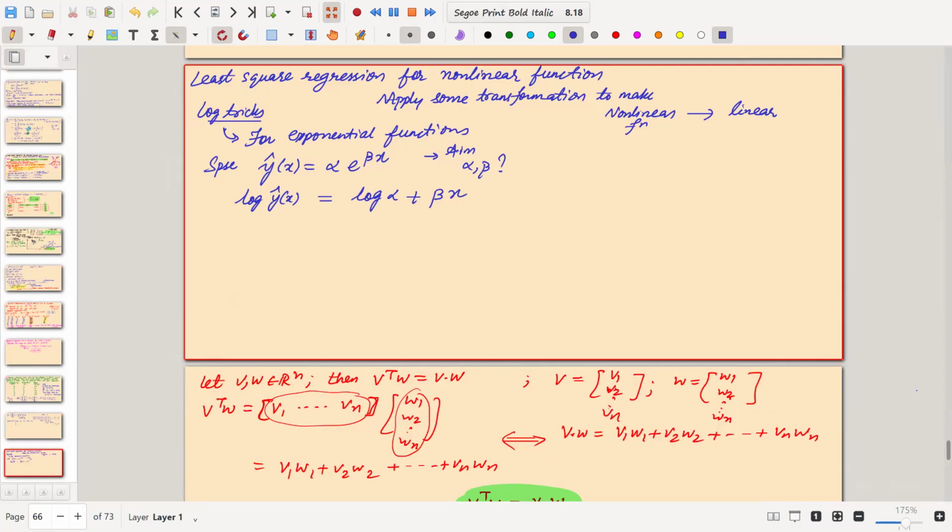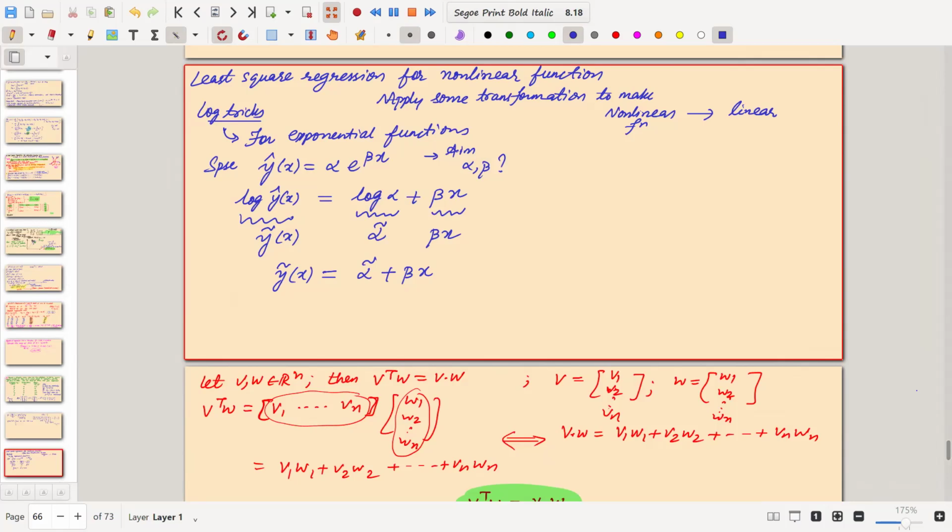You can write this as y tilde of x, log alpha as some alpha tilde, and beta x as beta x. Then this turns out to be y tilde of x equal to alpha tilde plus beta x, isn't it?